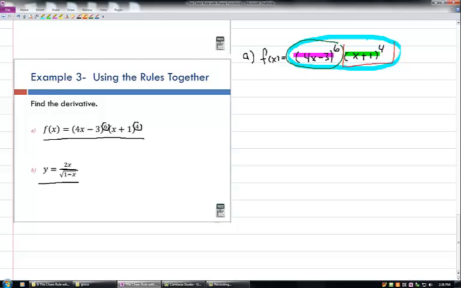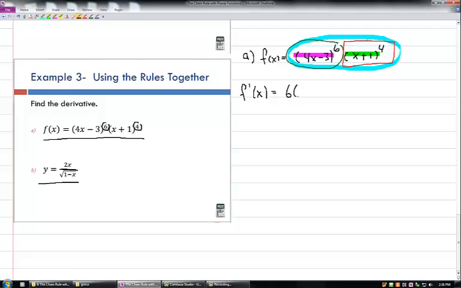So the first rule we'll use is the product rule, and as we use the product rule, we'll use the chain rule inside it to take the derivative of these first and second functions. All right, so let's take this derivative, so I'm going to apply the product rule to it. The product rule says the derivative is going to be equal to the derivative of the first. Here's my first function I circled in green, and the 6th is going to come down.